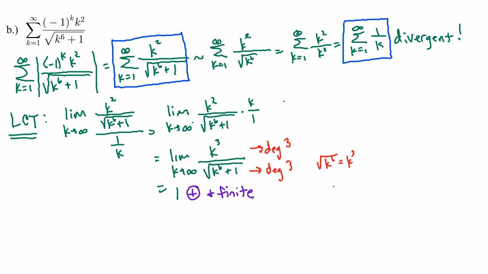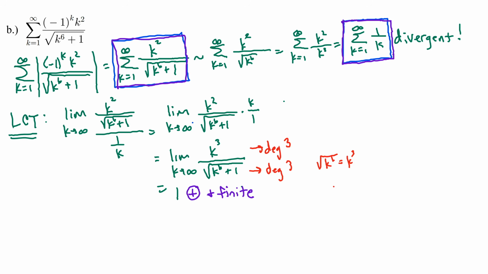Since it's positive and finite, that indicates that the series in question will have the same behavior as the series we're comparing it to. Since the series we're comparing it to is the divergent harmonic series, then our original series is also divergent.